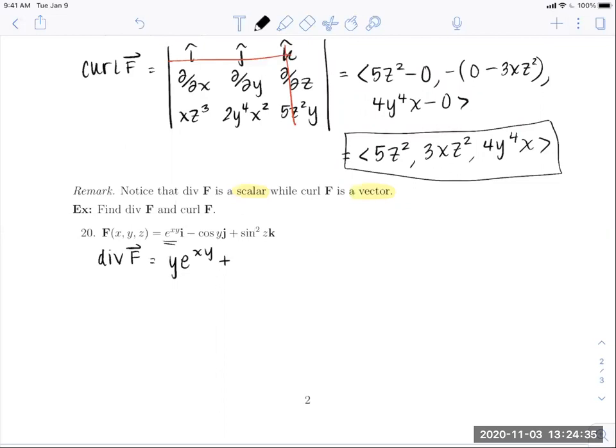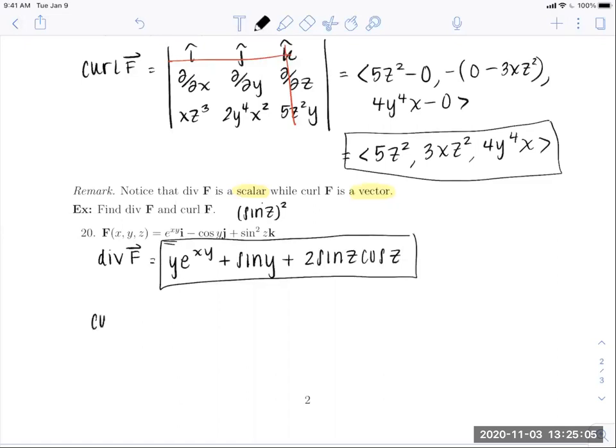Negative cosine becomes a positive sine. And then finally, if you want, you can rewrite that last component function as sine z quantity squared. And so I'm going to use the chain rule here to take the partial with respect to z. That is a 2 sine z cosine z. And no simplification required for the divergence.